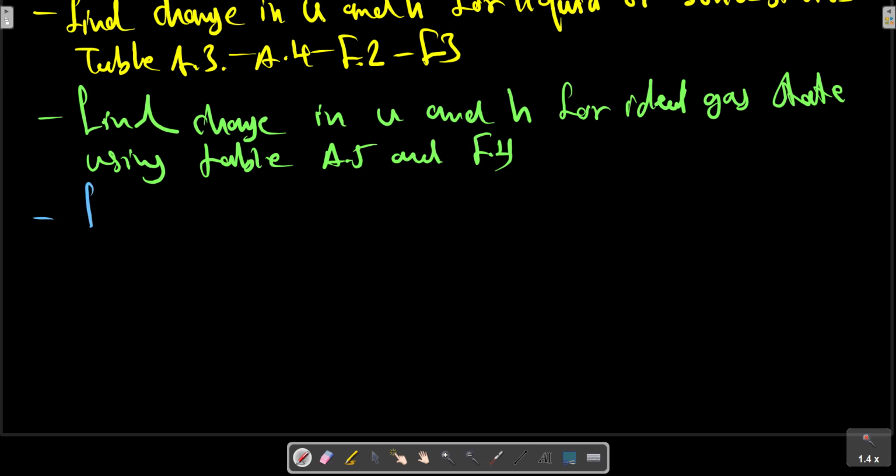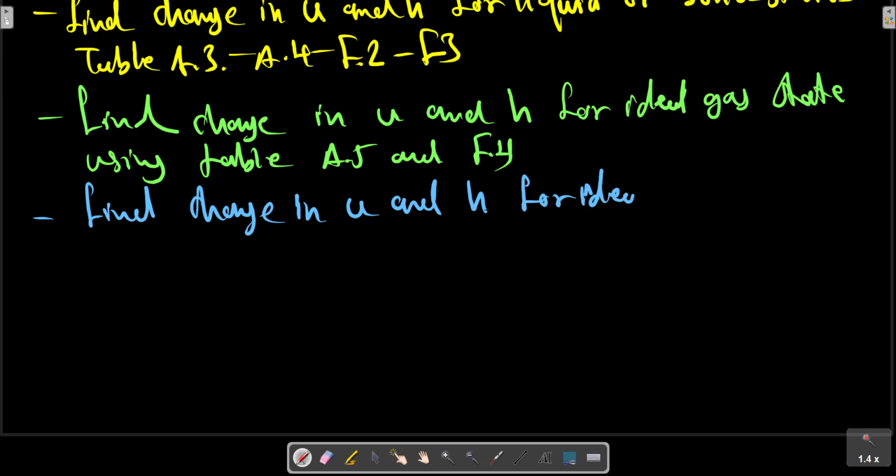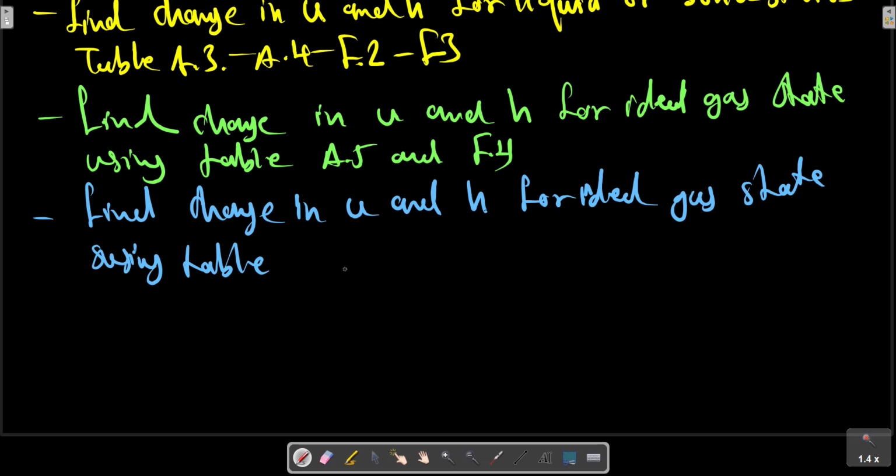Find change in U and H for ideal gas state using tables A7, A8, or F5 and F6.